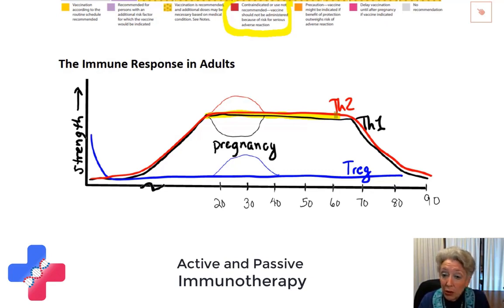And now we have a fully fledged immune response involving antibody and cell-mediated immune production. But as we reach our later years, notice that the decline of the number of T helper cells is fairly prominent. And so the immune response begins to wane over that period of time, and thus the necessity for increasing vaccination boosters in that group.